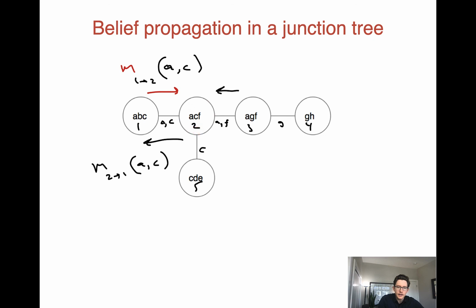And for each node, we're going to end up producing a CPT, a factor, that's exponential in the number of variables in that node. So if every variable is binary, our CPT would be of size 2 to the k, where k is the size of that node, the size being the number of variables. And thus our inference cost is going to be proportional to the size of the largest node. So again, it's very important that we produce a junction tree such that no node is too large.